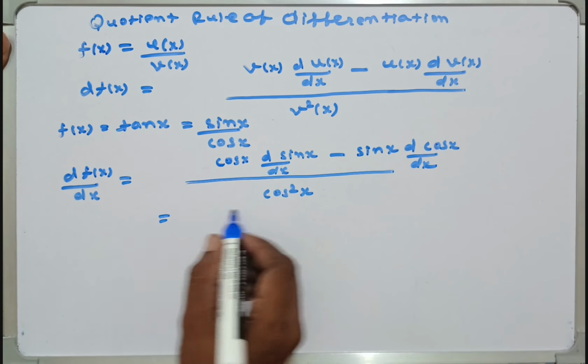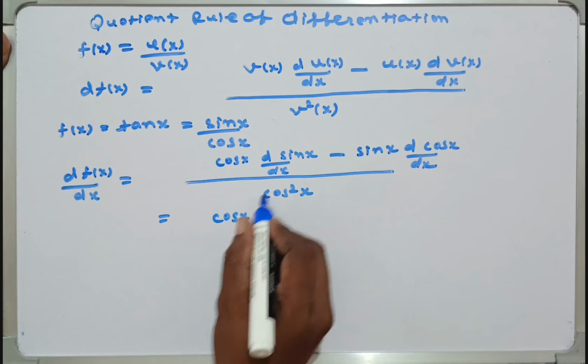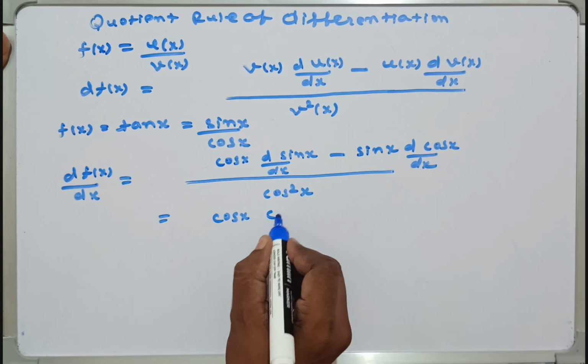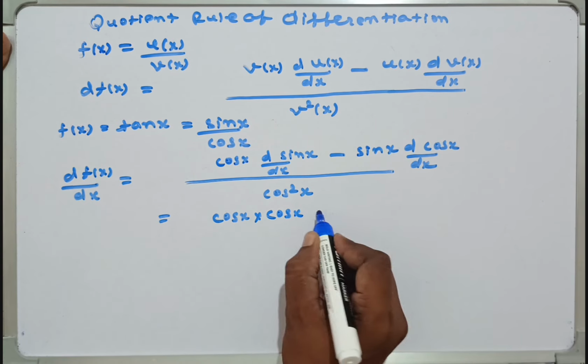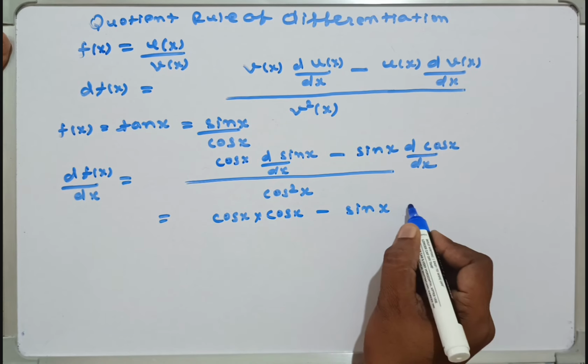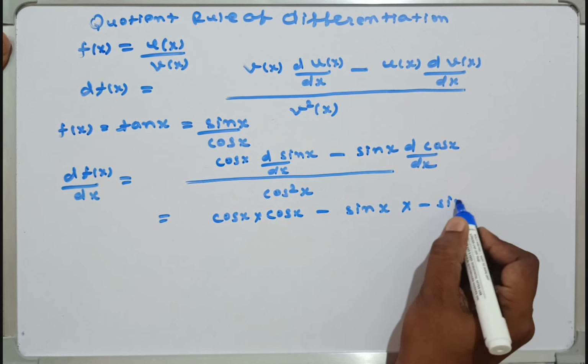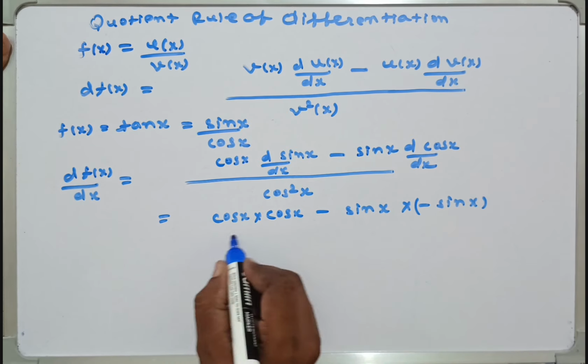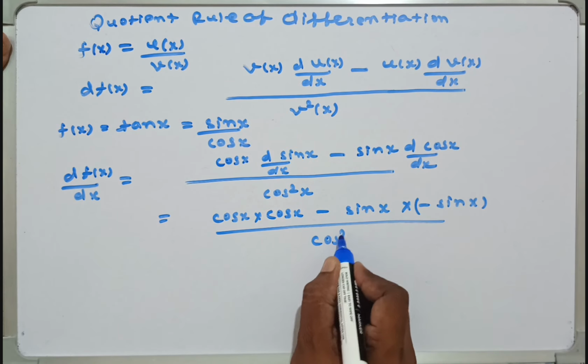Okay, so what you know, the derivative of sin x is cos x, so put cos x, and this is minus sin x, and this is minus sin x. Okay, and this is cos square x.